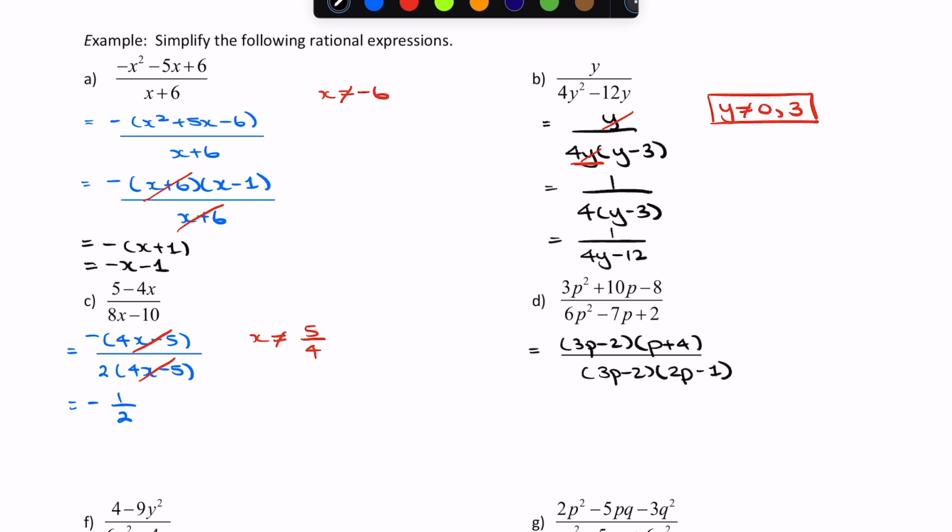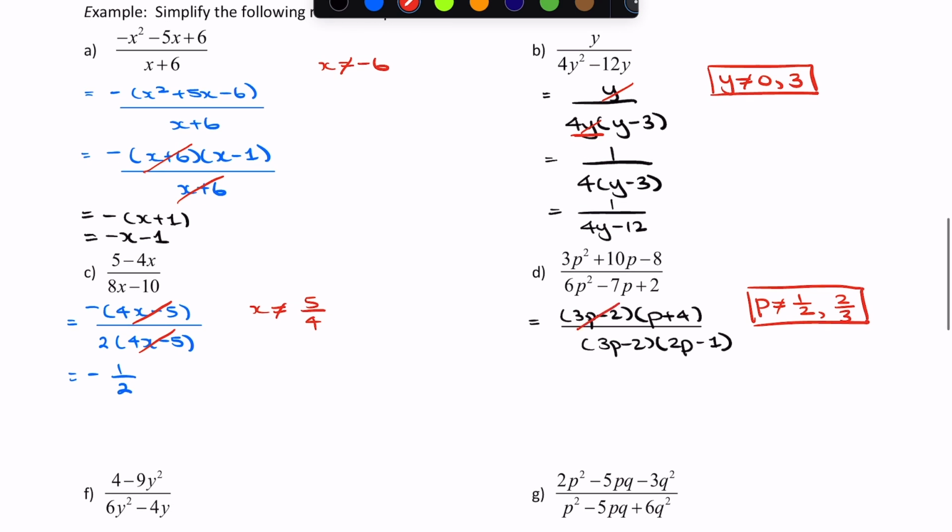So now we can state our restrictions. Here, p cannot be equal to 1 over 2 or 2 over 3. Cancel the 3p minus 2, and we'll be left here with p plus 4 over 2p minus 1.